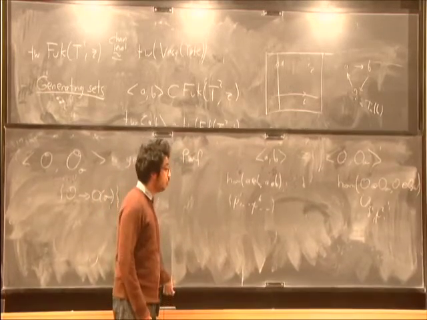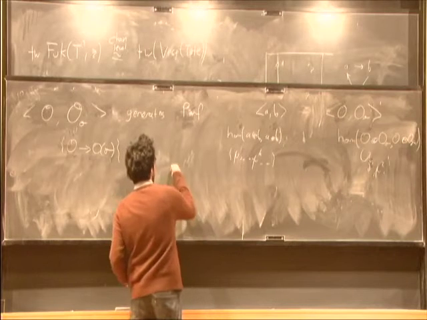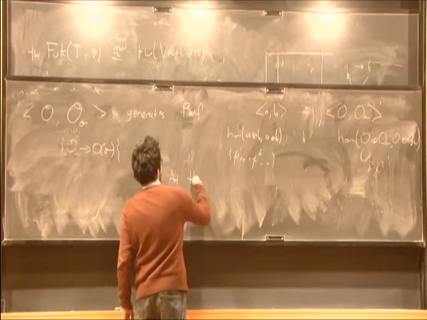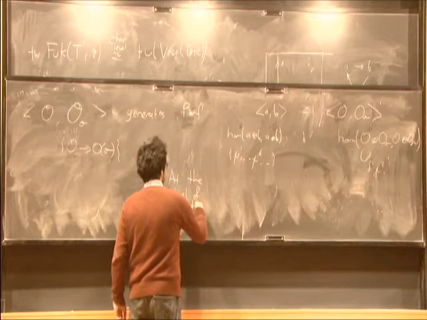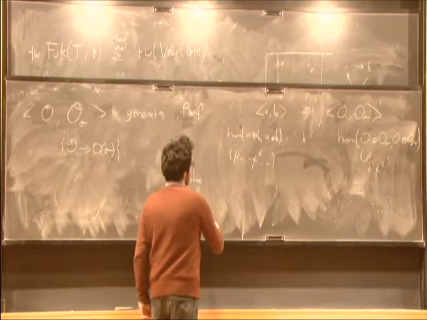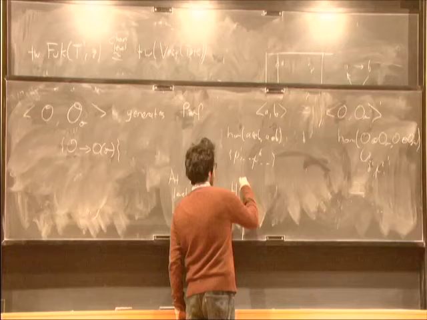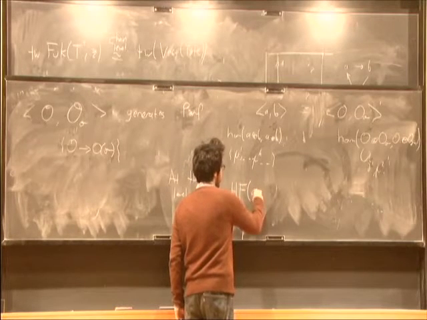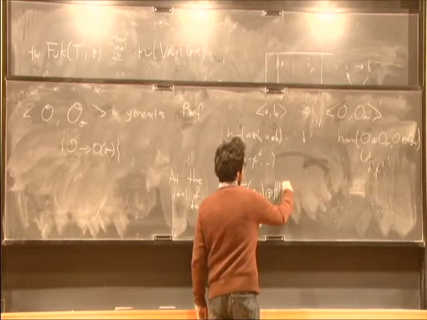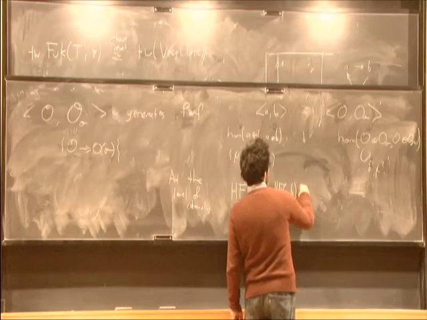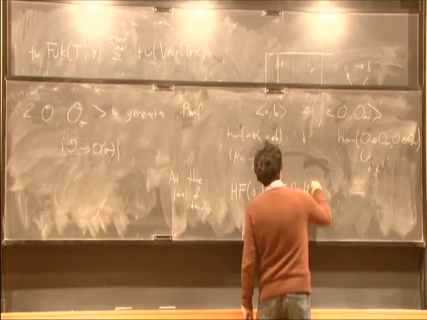So what do I mean by that? So at the level of cohomology, what do we need to check? We just need to check the following. So I construct this algebra, which is now the Floer cohomology. It's not the chain level.